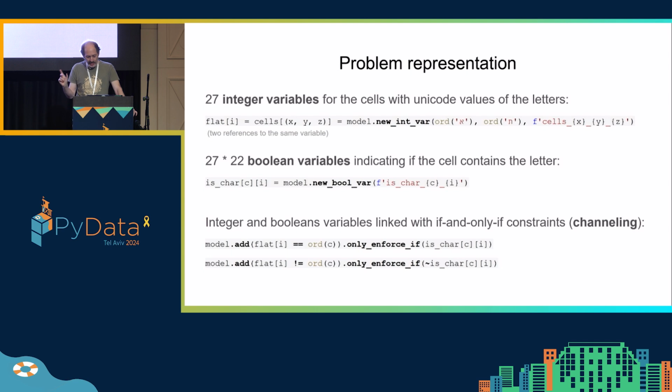If the Boolean does not contain it, then the flat list cannot have that specific value. And this may look overly verbose to you, but actually this is the way things work anyway behind the scenes, and this will prove to be very useful and allow us to model the constraints.